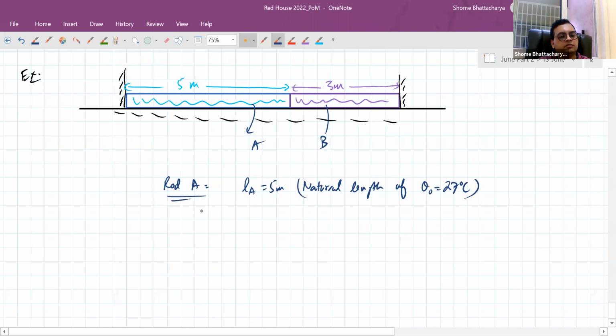And the rod is made of material which has Young's modulus, coefficient of linear expansion, and cross-sectional area. They both have a common cross-section.